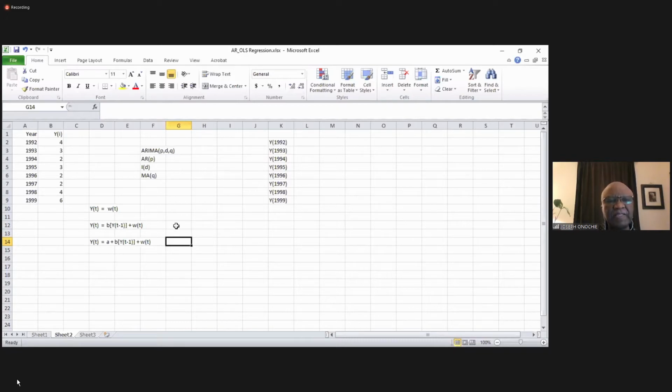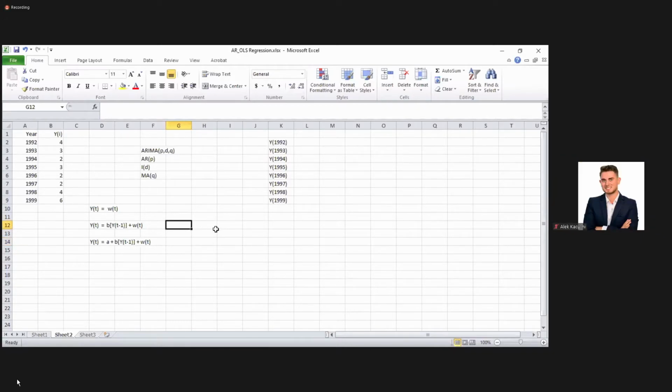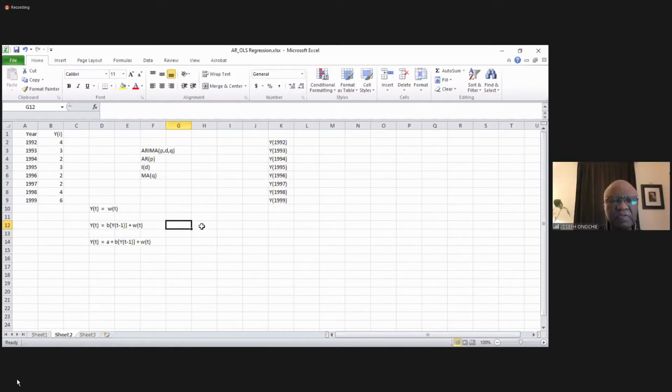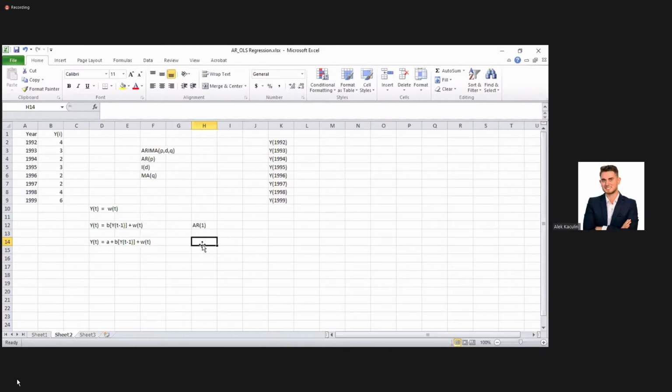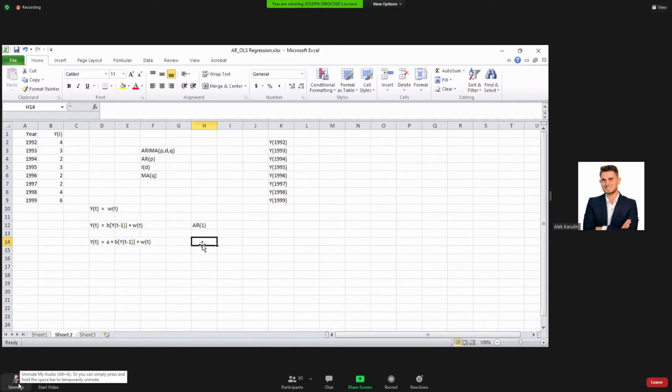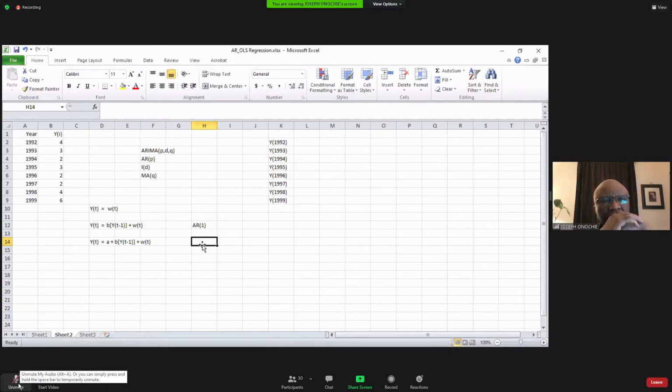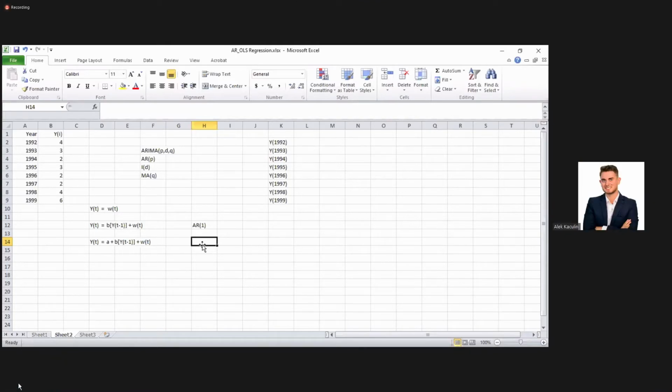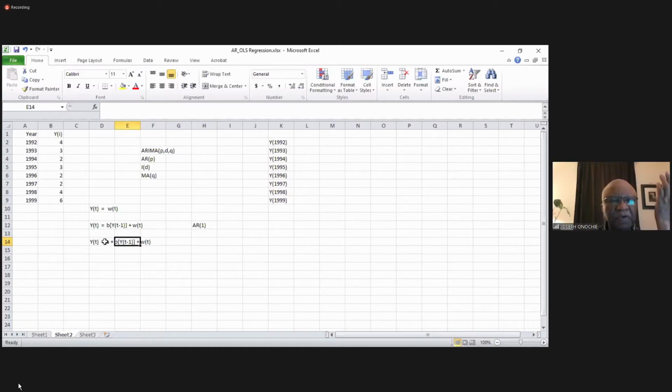Okay. This first one is called an AR1 process. Why did I call it AR1? Because it has only one variable. No, I mean, it has only one regressor. You're confusing me. You're being too technical for me.